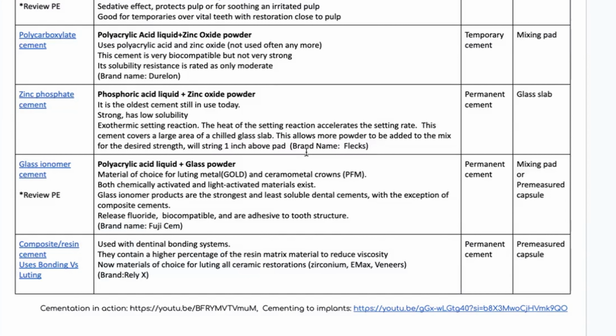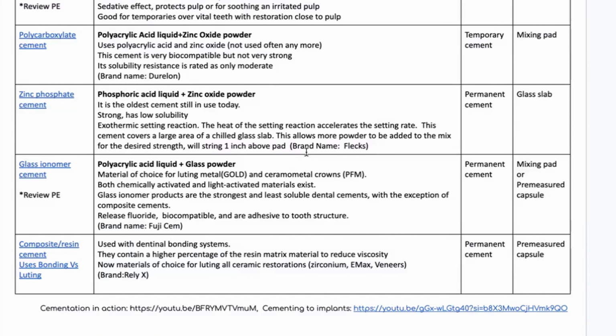And that means that there's going to be tubules open for our material to get down into the tubules and be able to physically adhere, as well as have that chemical adherence at the same time. It does mention here they contain a higher percentage of the resin matrix material, and that's due to viscosity.